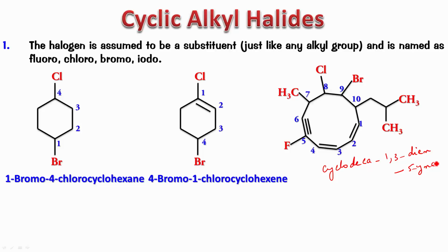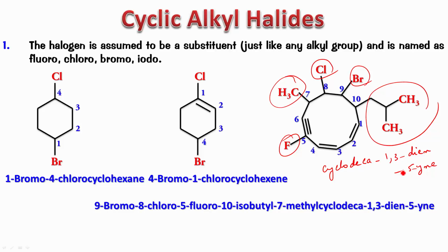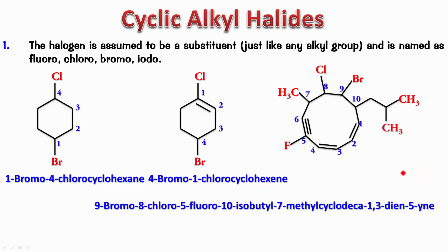So as we can see in this, the bromo always will be named first, B. So it's 9-bromo, 8-chloro, 5-fluoro, 10-isobutyl, 7-methylcyclodeca-1,3-diene-5-yne. So this is the way we name cyclic alkyl halides.